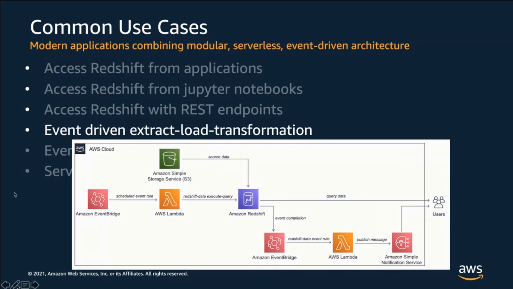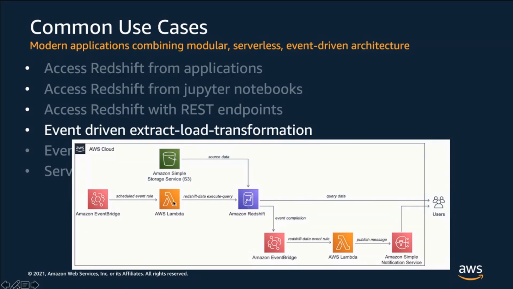For my demo, I have used an Amazon EventBridge scheduled event rule to initiate an event based on a time interval. The target of this rule is a Lambda function, which will call a stored procedure using the Redshift Data API asynchronously, which is run the stored procedure irrespective of how much time it takes.